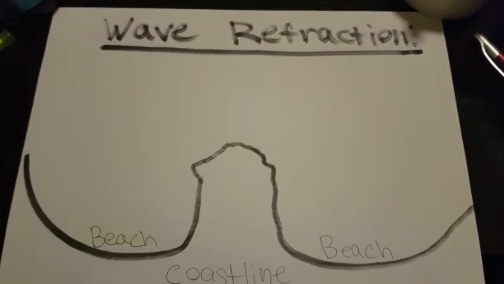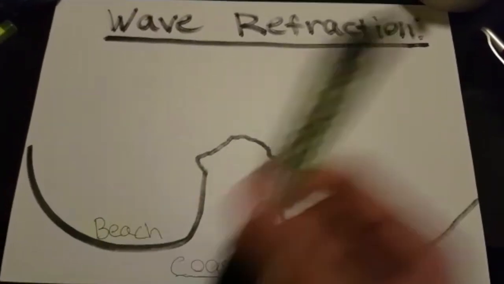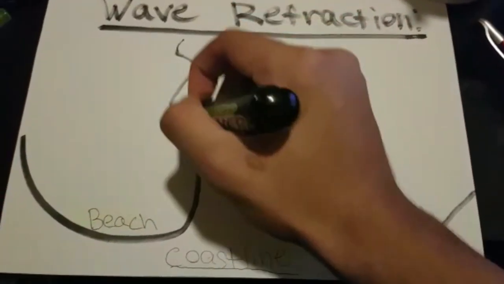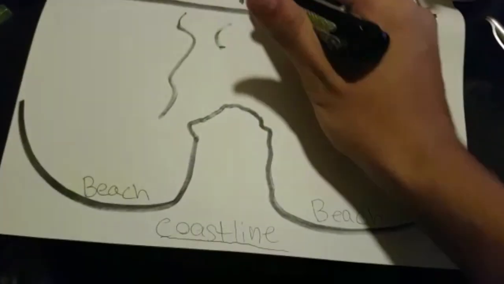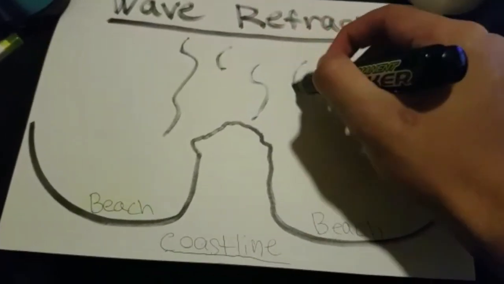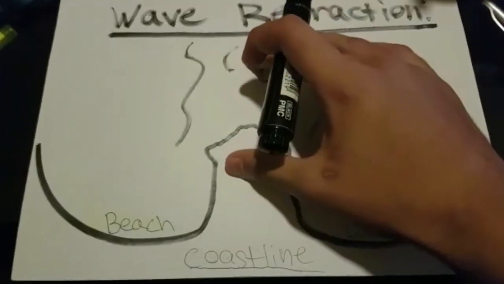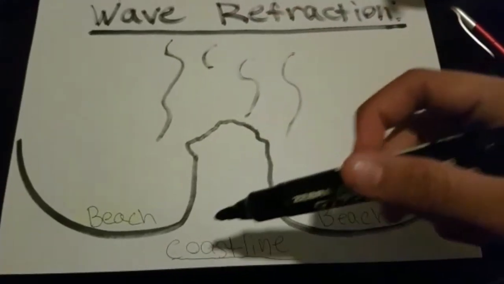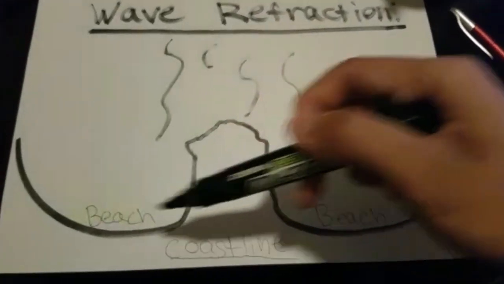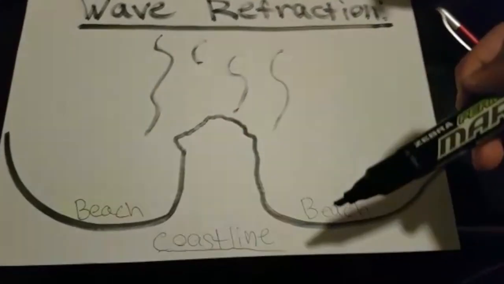So wave refraction is essentially when waves coming towards the coastline are altered, as in their path is altered, because of some sort of a landform obstructing its path to the coastline.